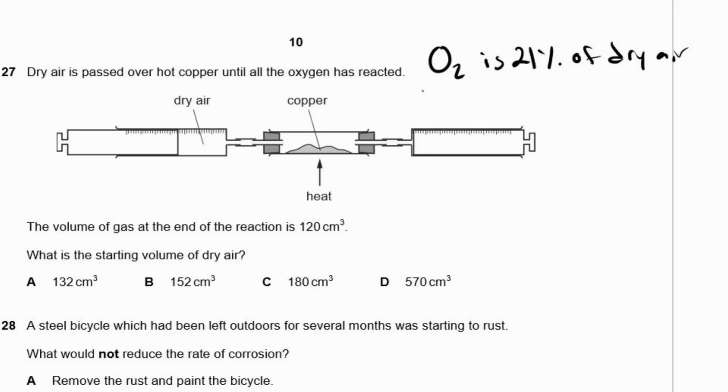If it's 21%, that means you end up with 120 centimeters cubed, and you divide that by 79%, so 0.79. If you plug that into your calculator, that is 151.9 centimeters cubed, so 152 centimeters cubed, so the volume is B.